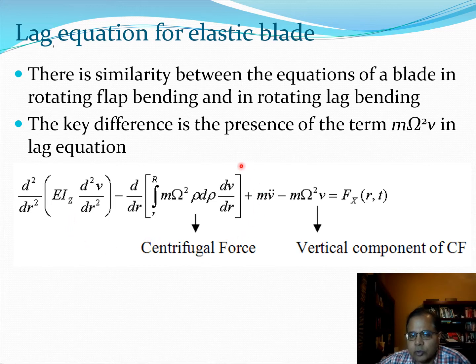You have the term due to the centrifugal force, and this term is going to become 0 for a non-rotating blade. You have the inertia term, and then you have this extra term due to centrifugal force. So now we see that this term is going to create some difference in the formulation between the flap bending and the lag bending problem.